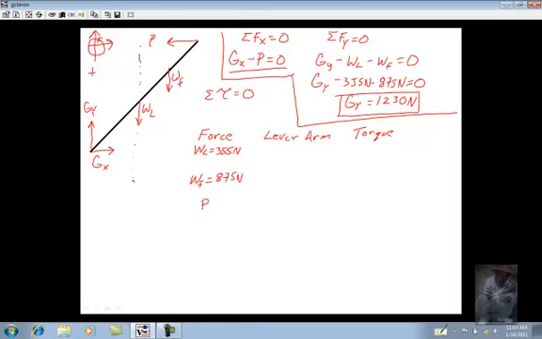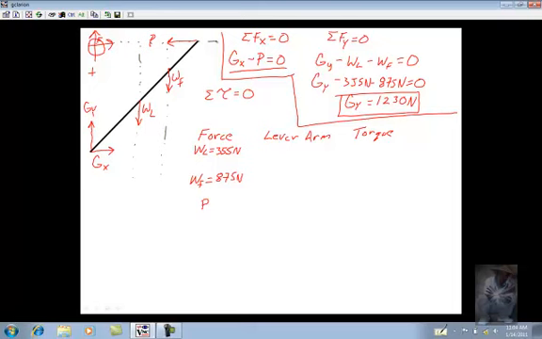So my line of action for WL goes in the same direction as it points and back towards where it was pointing. I'm going to do that for WL, for the weight of the firefighter, and also for P. Those are my lines of action.